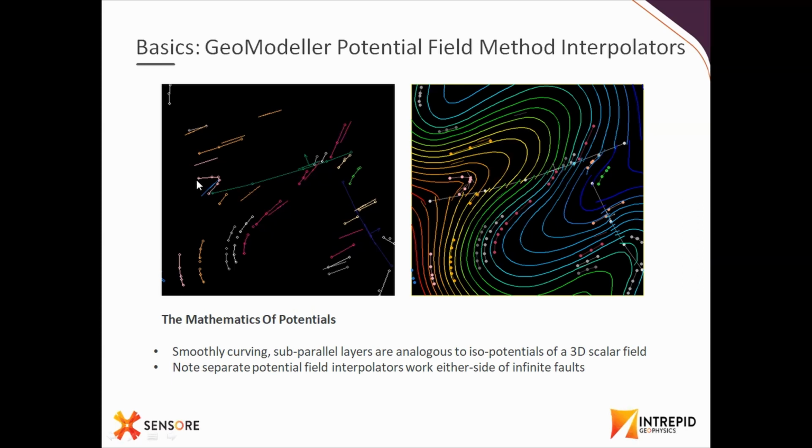The left screen is showing the points that we have digitized from the map, and after mathematical computation of this model using this data, we are able to achieve these interpolated surfaces. This is representing the isolines, which have equal values along each and every line. GeoModeller is able to calculate the orientation of the planes based on these lines.